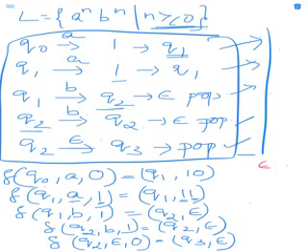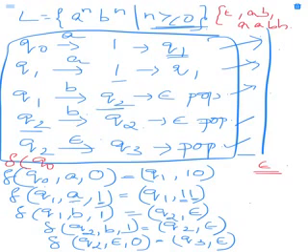The language can contain AB, or it can be epsilon also. The minimum string is epsilon, then AB, AABB, and so on. In order to accept epsilon, one more transition you have to include: del of q0, epsilon, 0.